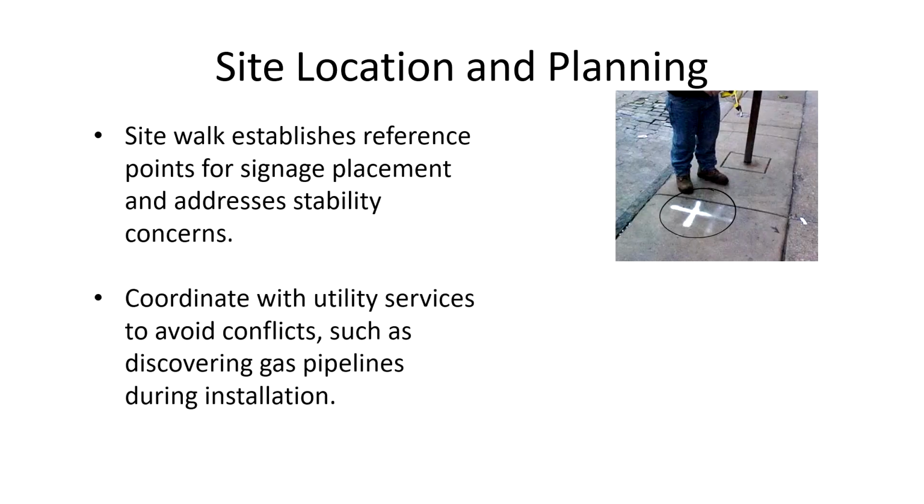For example, while working on this, we discovered that there is a gas pipeline coming in this line. What has to be done? If that has been known before, then maybe we can change the locations, but in case it was not taken care of, it can result in a huge accident.